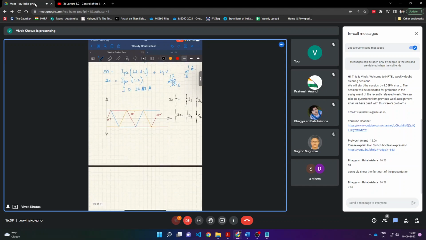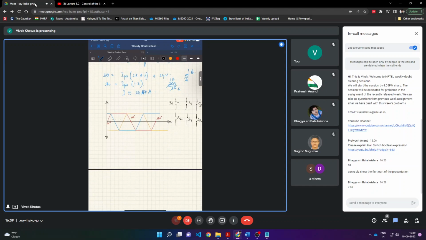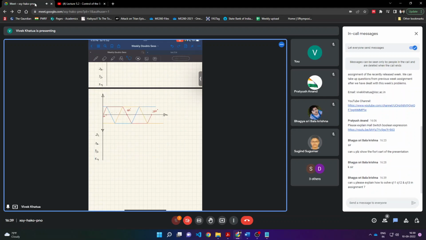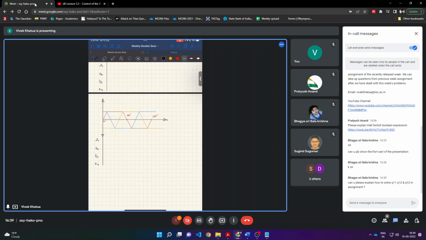So here's the switching diagram that you see here in the first 30 degrees. S1, S2, S3, S4, S5, S6.